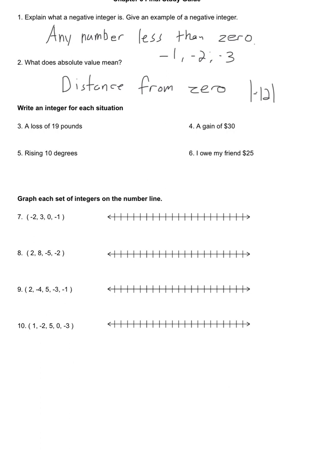Looking at the next 4 questions, it says write an integer for each situation. A loss of 19 pounds. So if you lose 19 pounds, or if something loses 19 pounds, it's going to be a -19. Looking at number 4, if you gain 30 pounds, you have a +30.